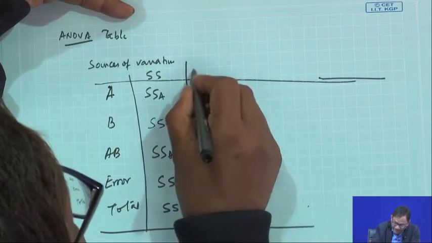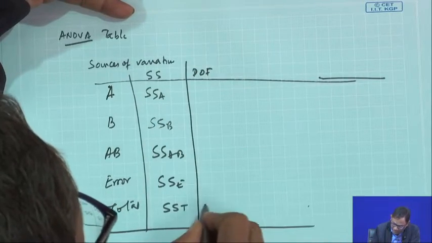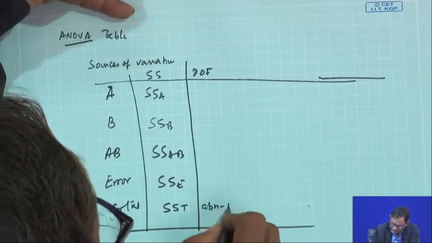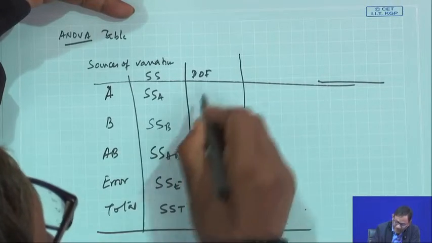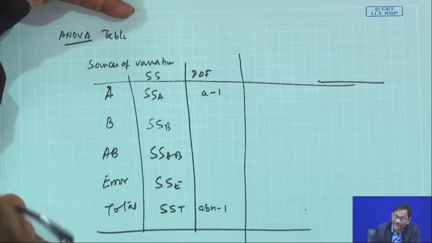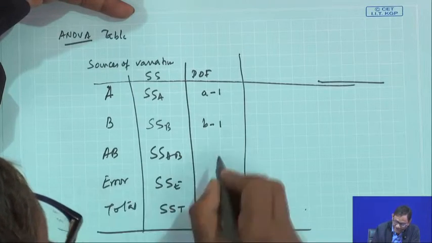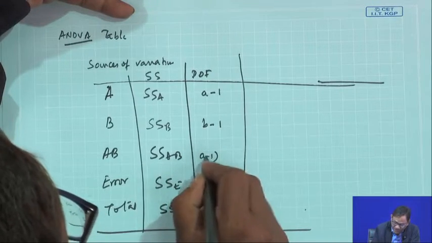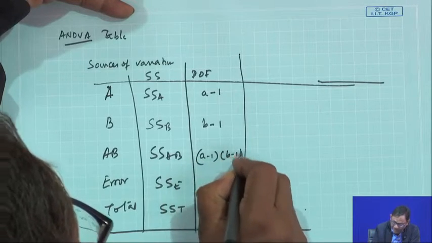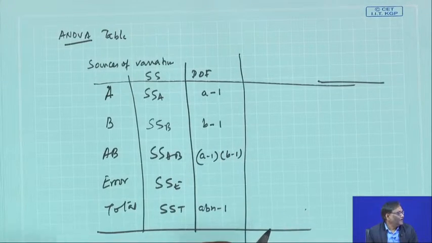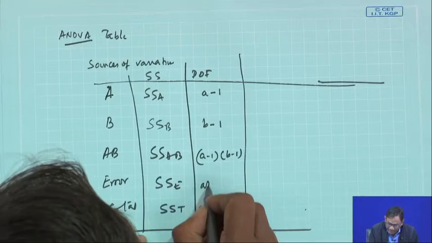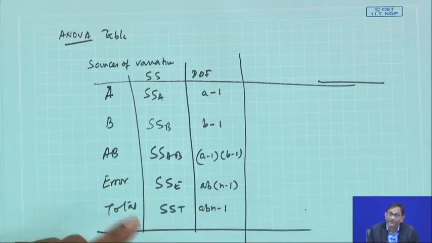Now, what is the degree of freedom? Total will be abn minus 1. There are a minus 1 degrees of freedom for SSA, b minus 1 for SSB, a minus 1 into b minus 1 for interaction, and ab into n minus 1 for error.